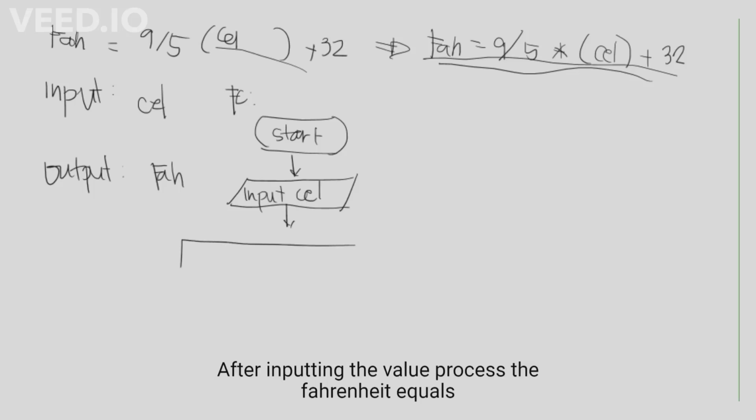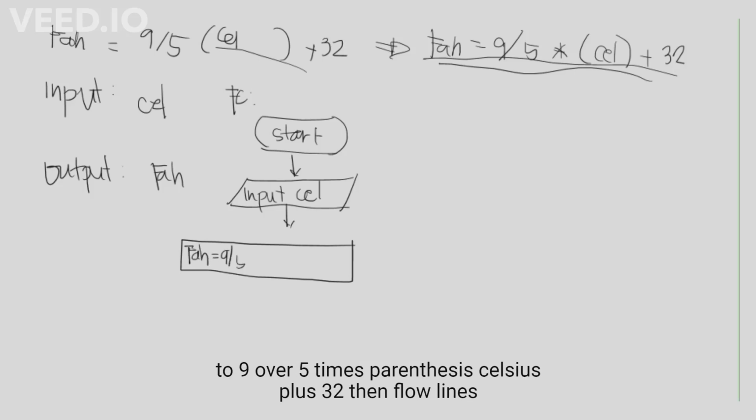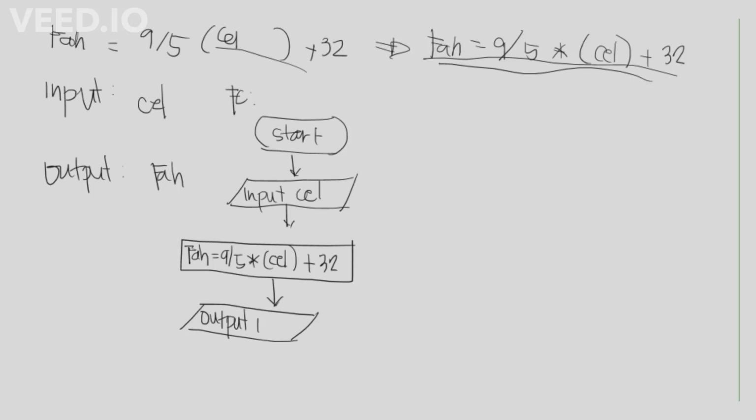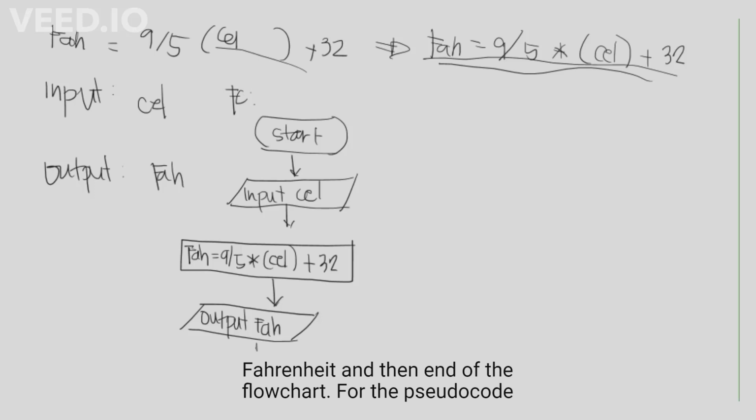After inputting the value, process the Fahrenheit equals 9/5 times parenthesis Celsius plus 32. Then flow lines again. Another output symbol, and we display the value of Fahrenheit, and then end of the flowchart.